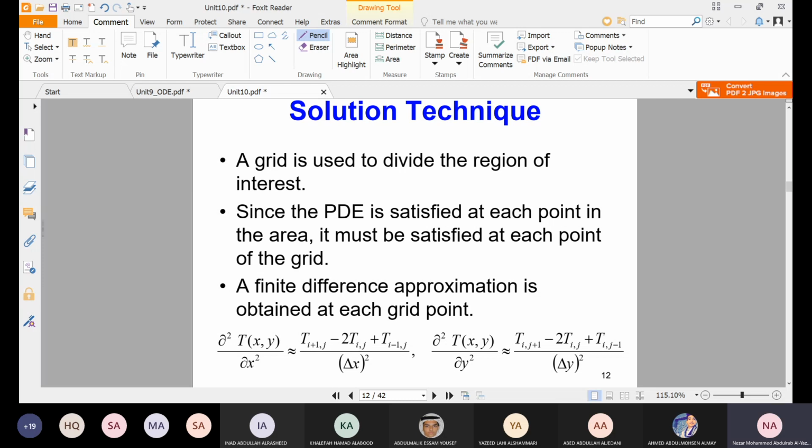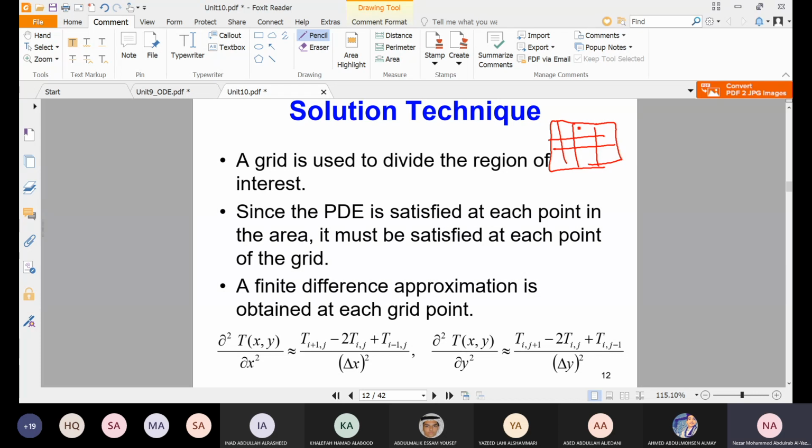So how do we solve the problem here? Solution techniques. A grid is used to divide the region of interest. If you have any plate, we divide this plate into a grid of nodes depending on the step size that we have.